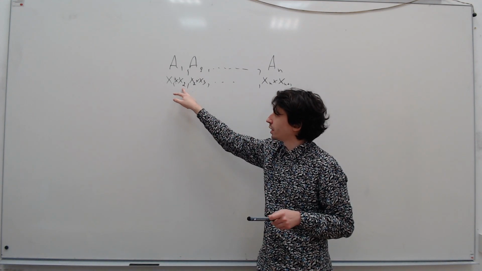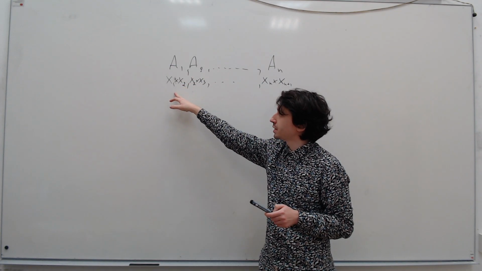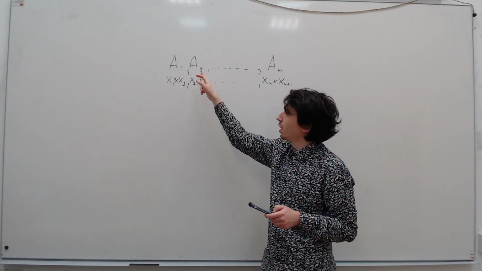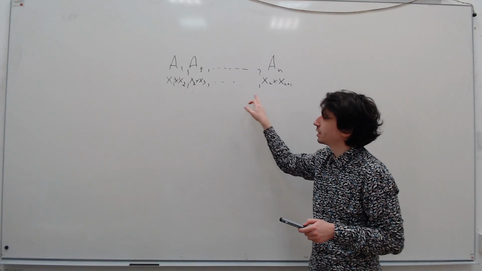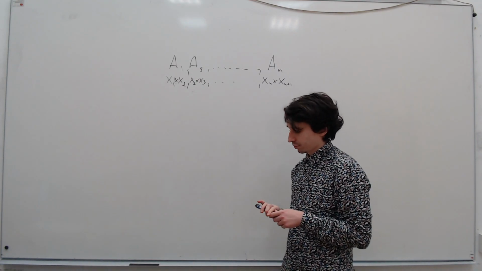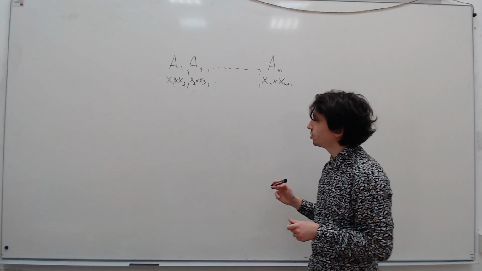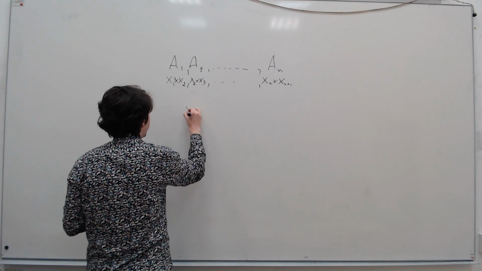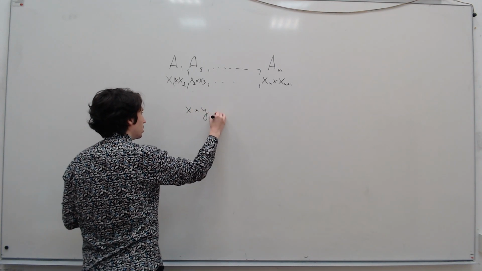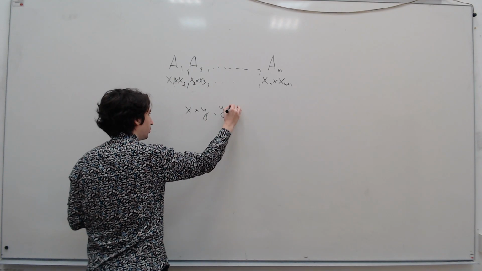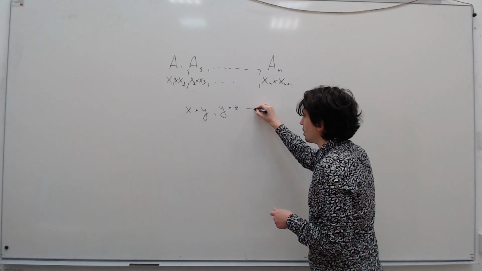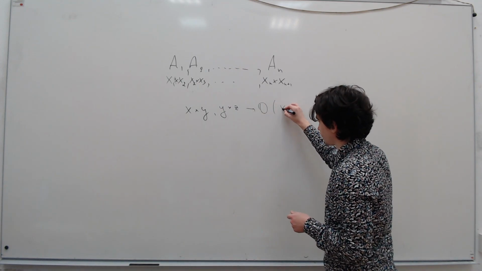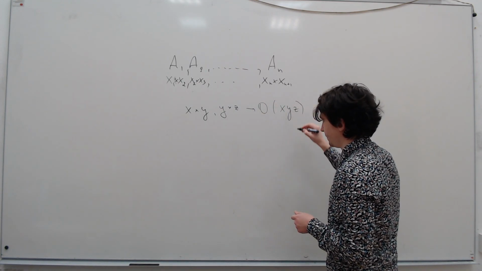The dimension of the first matrix is x1 times x2, the dimension of the second matrix is x2 times x3, and so on. And you know that to multiply two matrices of these sizes, x by y and y by z, it costs you x, y, z.